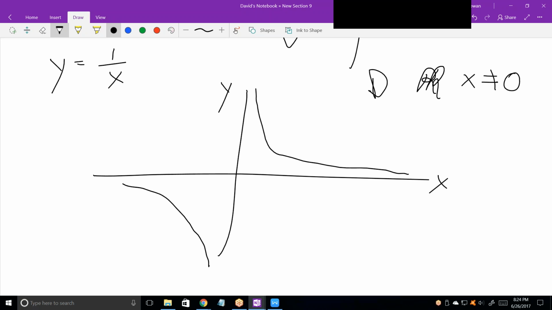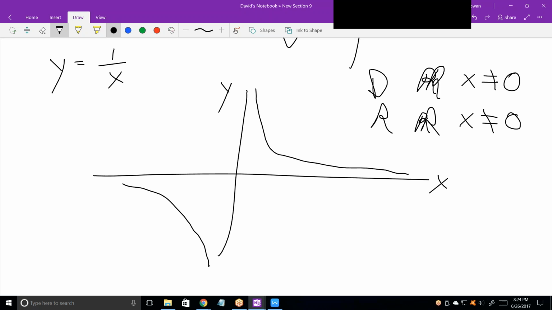Now let's look at the range. Can you read the range from the graph? Look vertically. Look up and down. What values do you see for y? Well, same answer.